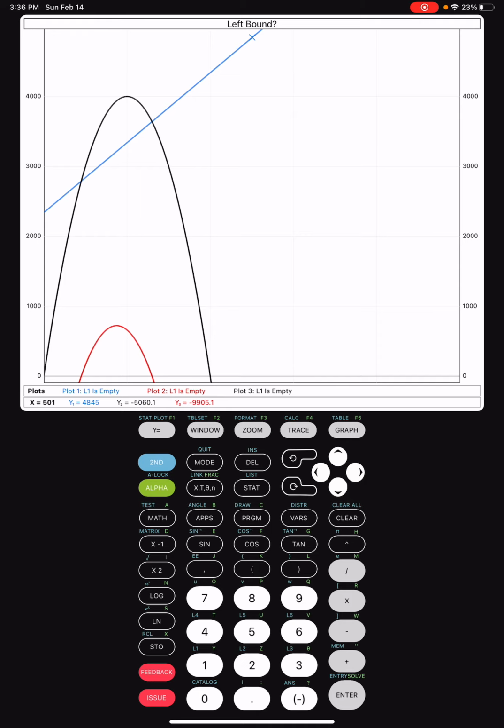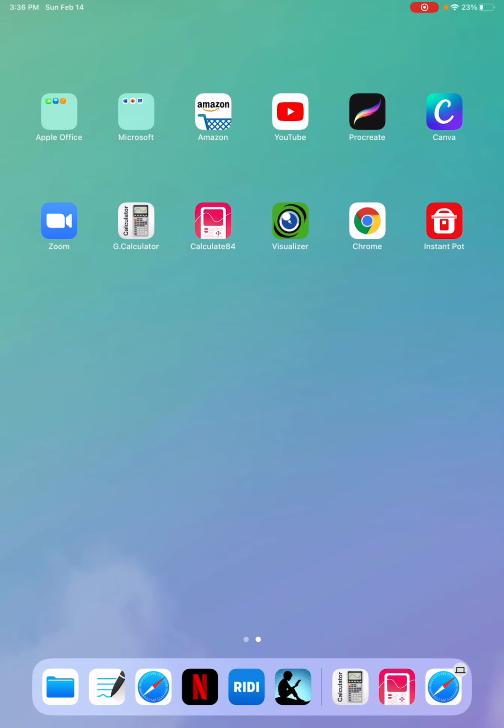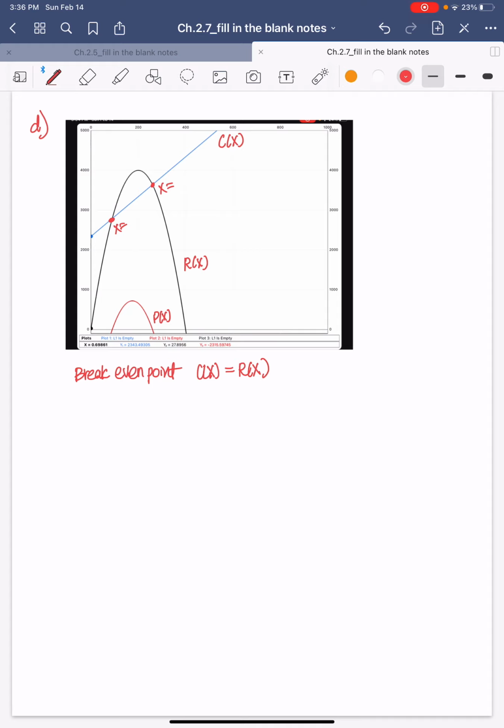You know what? Let's just use algebra and then confirm with the graphing calculator. My graphing calculator is an iPad one, it's not pretty straightforward with the function, but we can do algebra. All we have to do is set those two equations equal to each other. We know C of x and we know R of x.